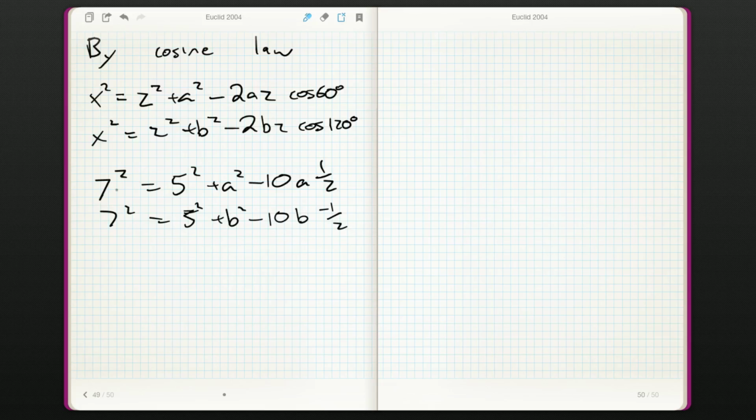Okay, so 49 minus 25, 24 is a squared, and then minus 5a. And then we also want 24 is b squared plus 5b. Okay, so what could we do here?